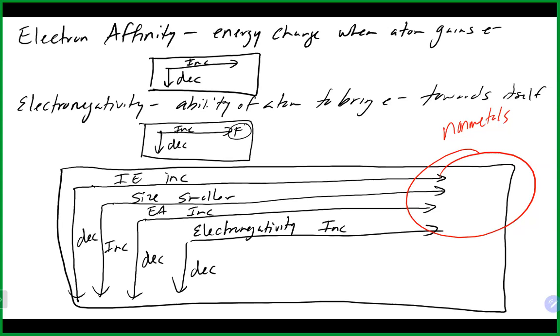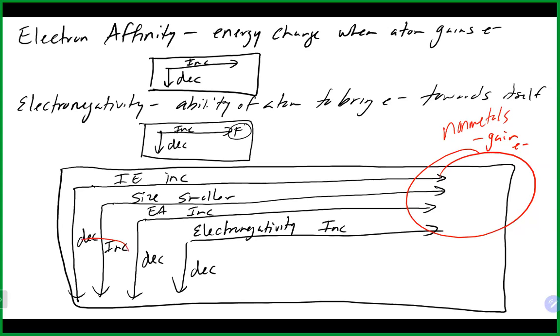That means they have very high ionization energy, which means good luck trying to remove an electron. They have very high electron affinity, which means they like to gain electrons. And they have very high electronegativity, which means not only do they like to hang on to their electrons, but they like to bring electrons towards themselves. And all those trends together is why nonmetals will typically gain electrons and become negatively charged.